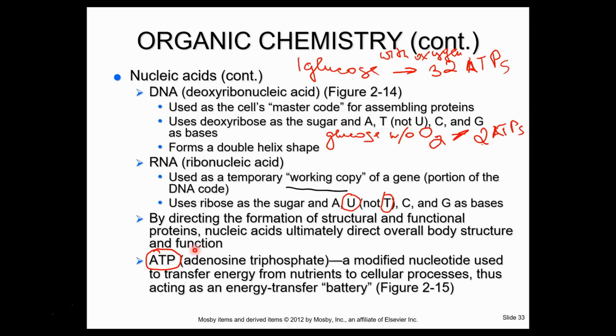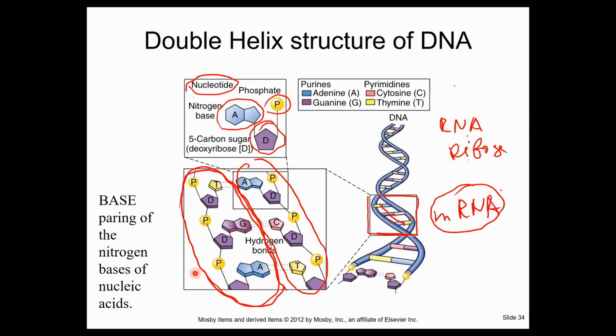Okay, so let's now look at this picture where you can see how this double helix is held together. And it's held together with hydrogen bonds that we already saw a little earlier, that the hydrogen bond is actually just an attraction.